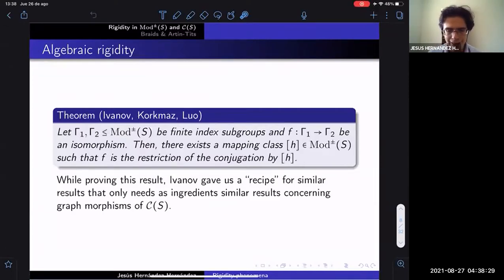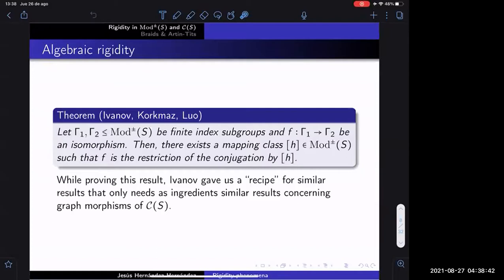is trivial, this gives me the following question that was first proved by Ivanov and then independently by Korkmaz and Luo. So we know that any automorphism from the extended mapping class group to itself is going to be a conjugation. So let's generalize it by taking subgroups.